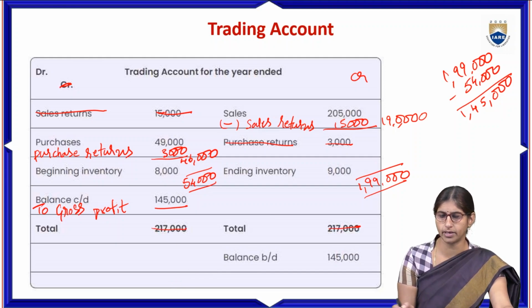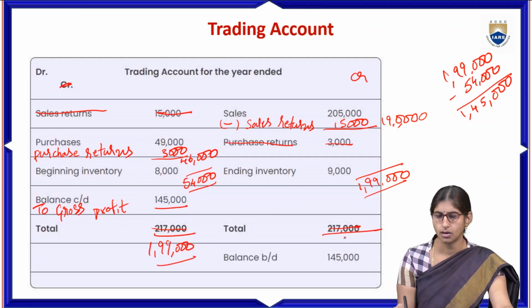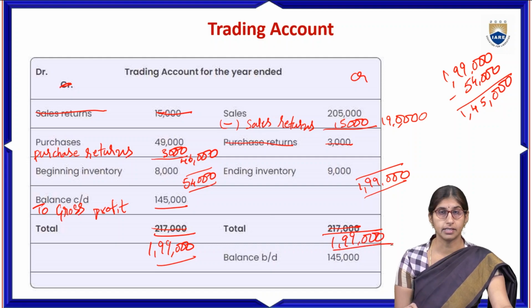The total is differing because we have taken purchases and purchase returns on the respective sides, and we are trying to make the net purchases here on the debit side and net sales on the credit side. So we got the total balancing figure as 1,99,000 on the debit side as well as 1,99,000 on the credit side.